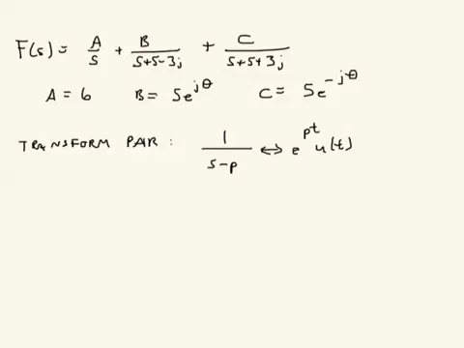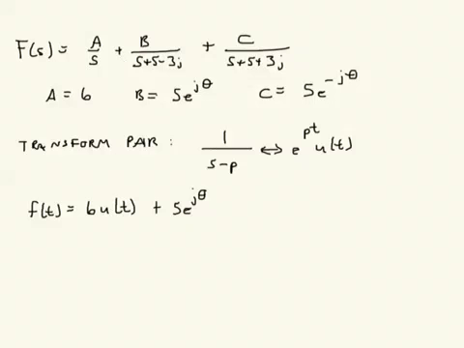So we take the inverse transform of that first term, and we're going to get f of t is equal to A times u of t, because in this case, p is equal to 0. Okay, so we're just left with the u of t term, plus 5e to the j theta times, well, now it's e to the pt.